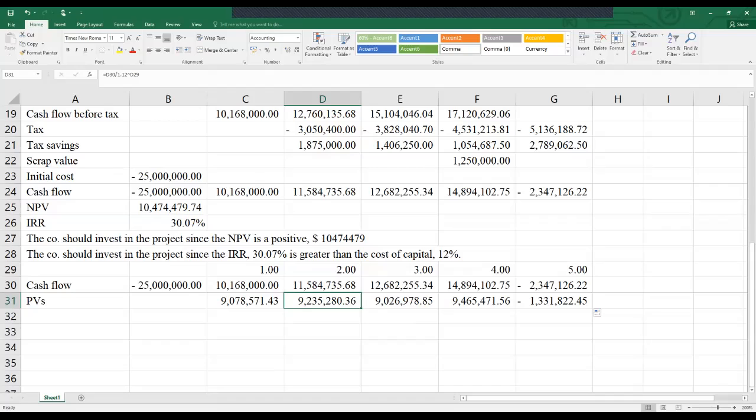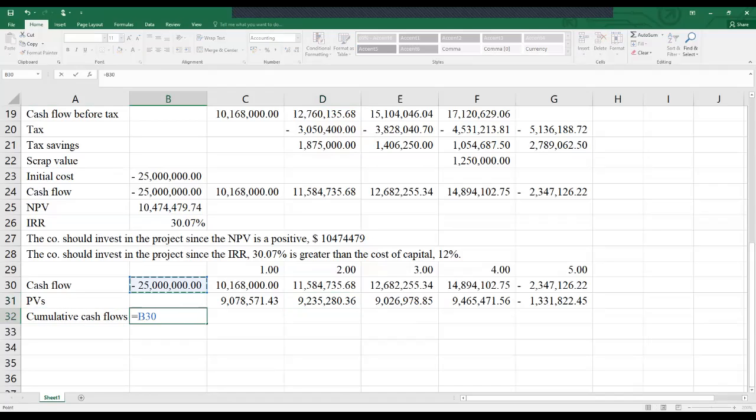Okay. So I've done the present values. Therefore, next, cumulative cash flows. It will be equal to simply the cash flow at the beginning of the year plus the present value for the year.